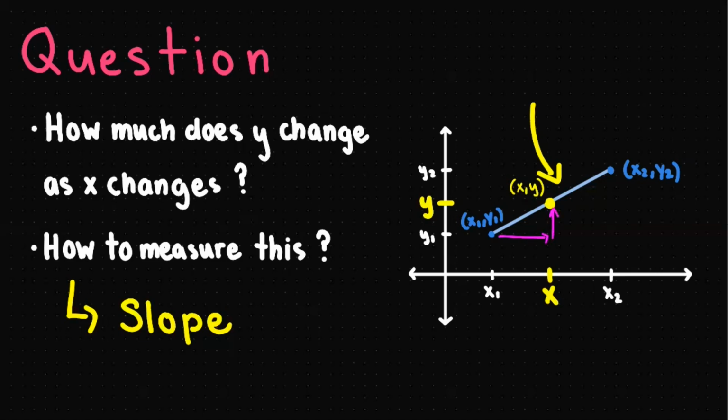So y increases by this. But as x sub 1 goes to x sub 2, the change in y is larger. So why is that? This is something that we can quantify or measure using the slope.